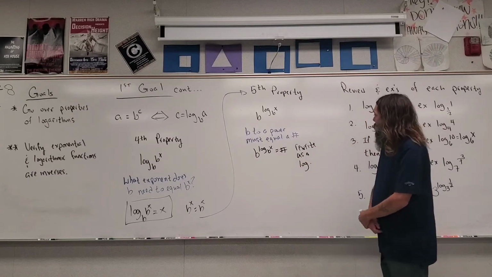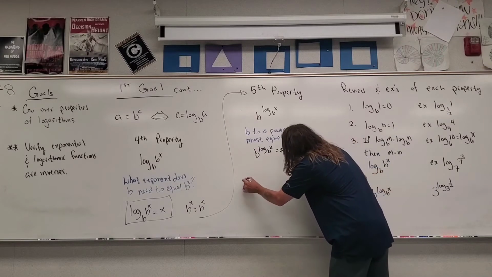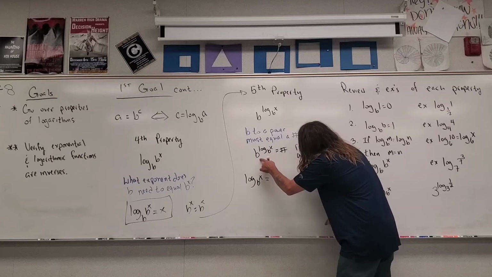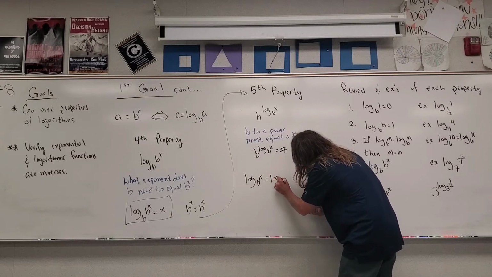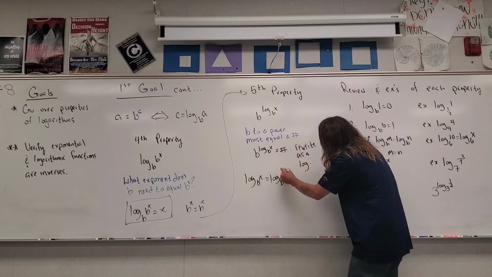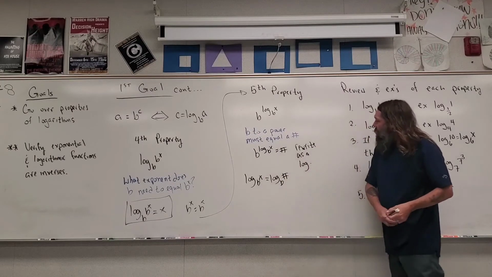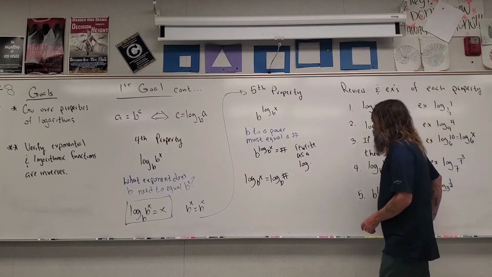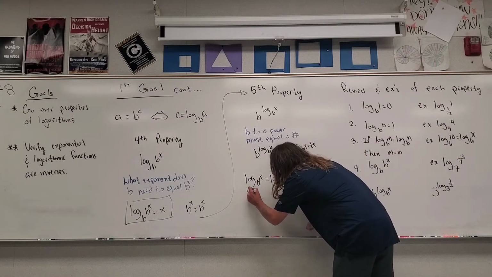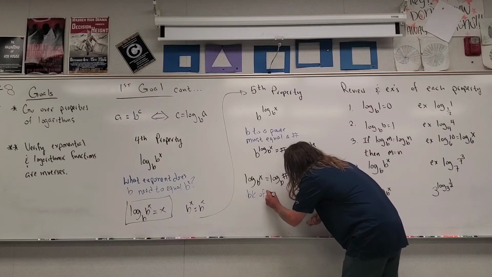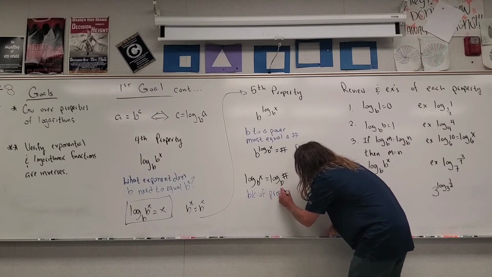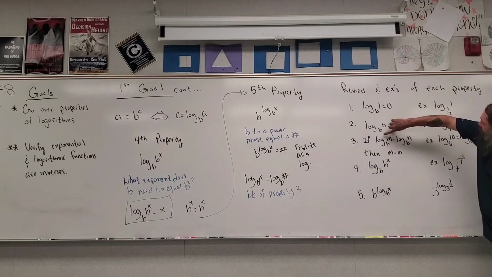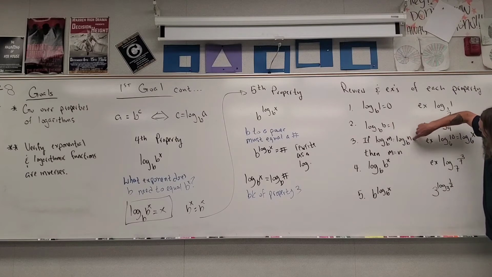And we now have the isolated exponent, which is log base b of x, equals log base b of the number. Well, because of property 3, if log base b of m is equal to log base b of n, then m equals n.